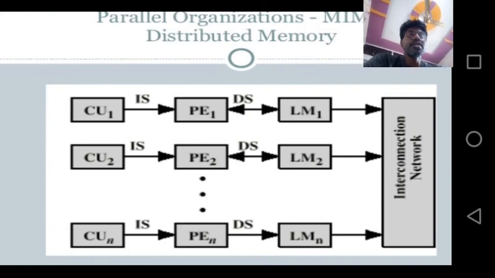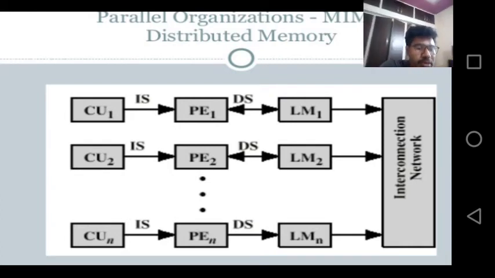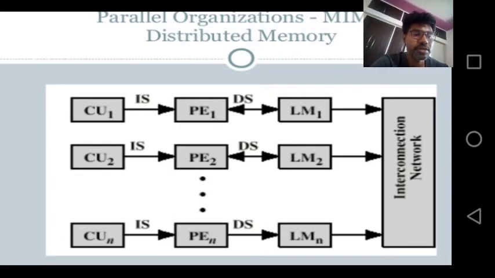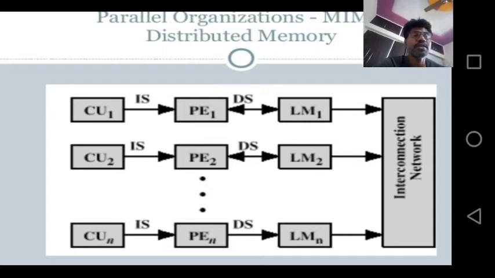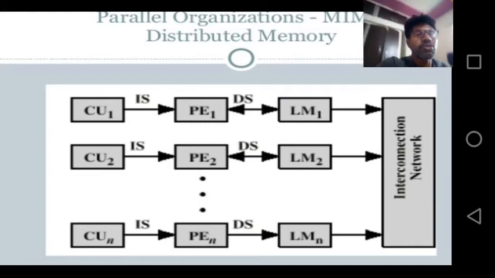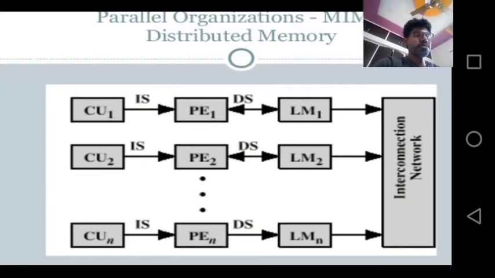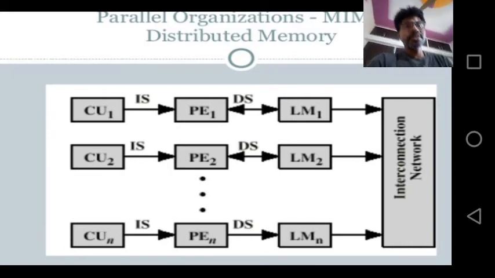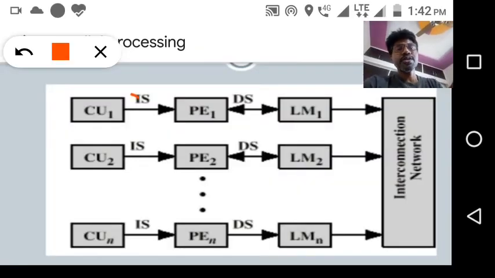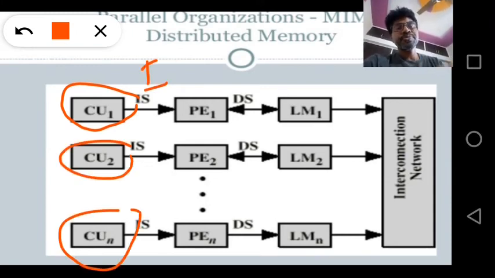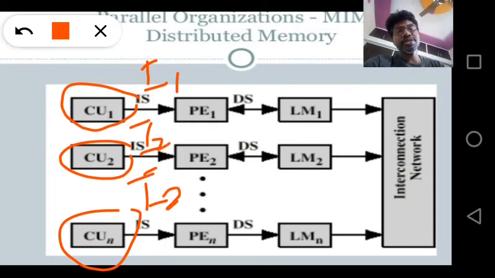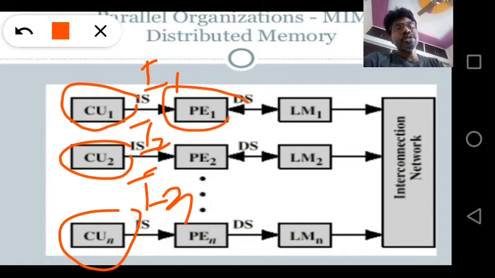So there are different versions of MIMD, like MIMD in distributed memory. Here, as I said earlier, memory can also be divided into a number of memory locations. See here, this is control unit, n control units, each one decoding a separate set of instructions, which is sent to each processing element.